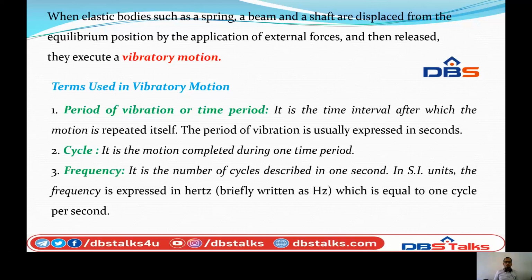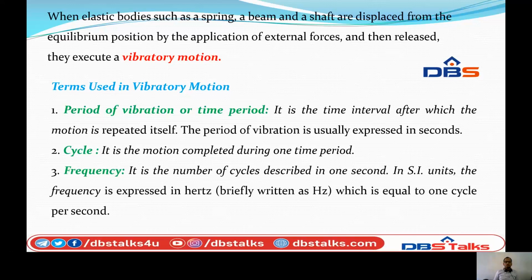So when we apply a force on the body, that results in internal reaction or internal forces in the form of elastic energy. By the release of these forces, the body is brought to its original position. When the body reaches its equilibrium position, the whole of the elastic or strain energy is converted into kinetic energy.